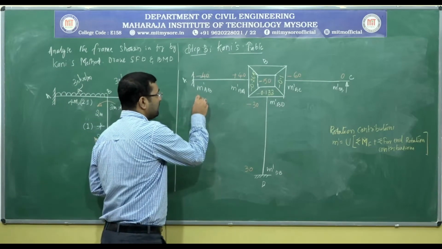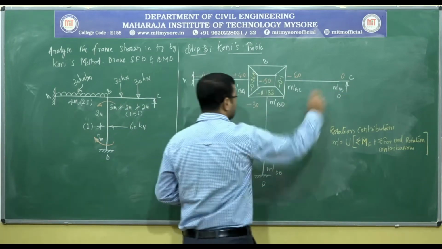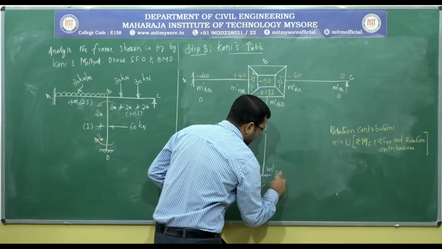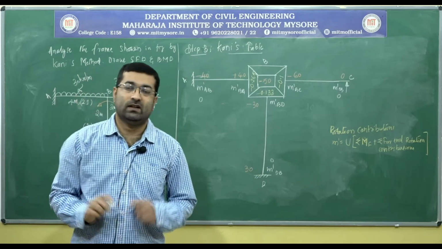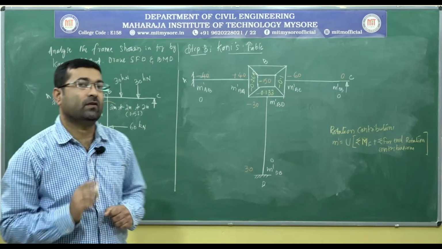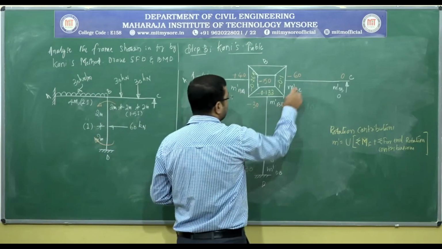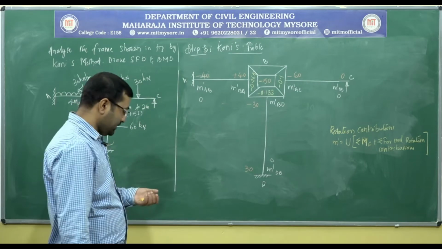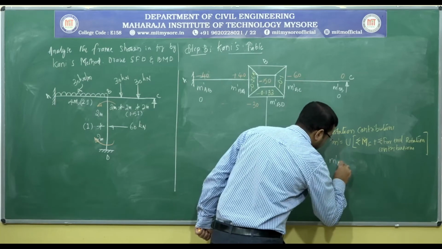It means M dash AB, M dash CB and M dash DB are 0. These are ends. We need to calculate the rotation contributions only for the intermediate joints. So here we need to calculate the rotation contributions for these 3 members. Okay. So let me start with M dash BA.